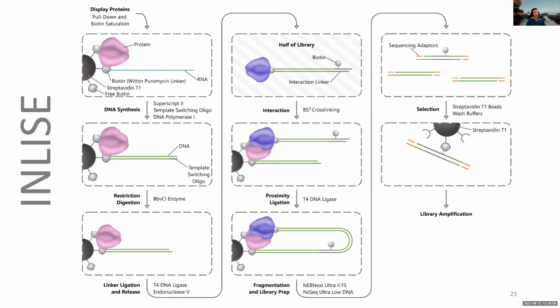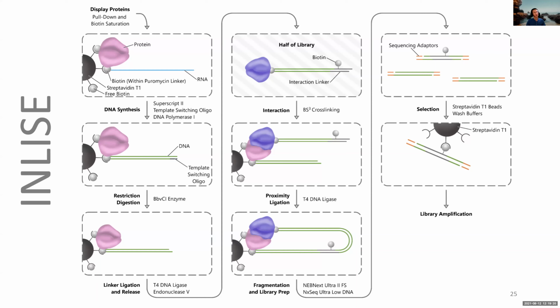She stabilizes that library onto streptavidin beads just to make later washing steps easier for her. And she reverse transcribes the RNA into double-stranded DNA. So now every protein is labeled by the cDNA of its own messenger RNA.